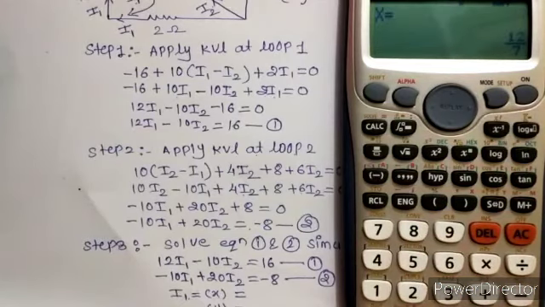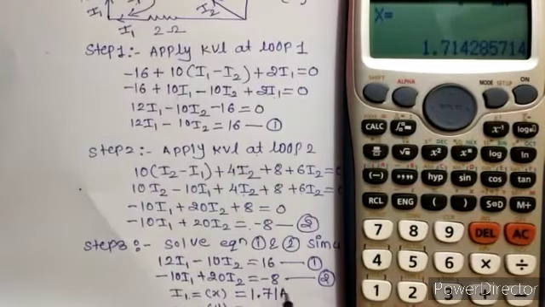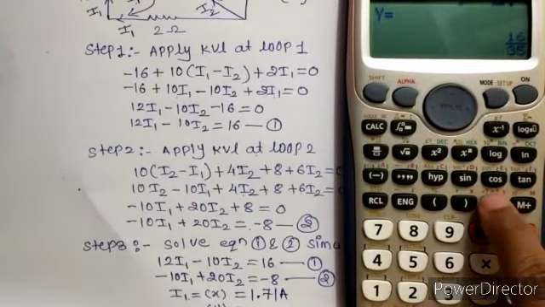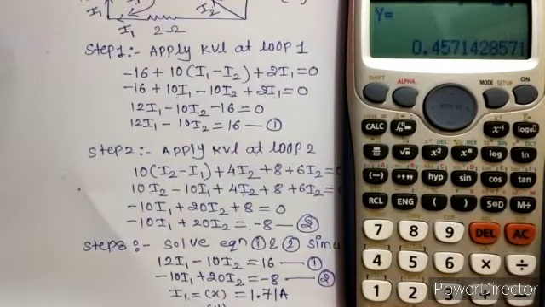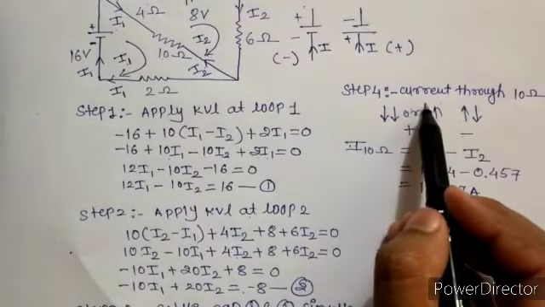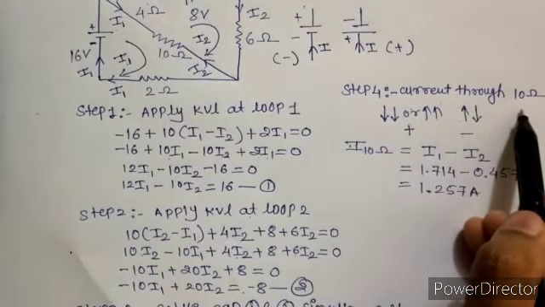Press equals, we get the value of x, that is our I1, 1.71 ampere. Again press equals, we get the value of y, that is 0.457. We get the answer of I2, 0.457 ampere.